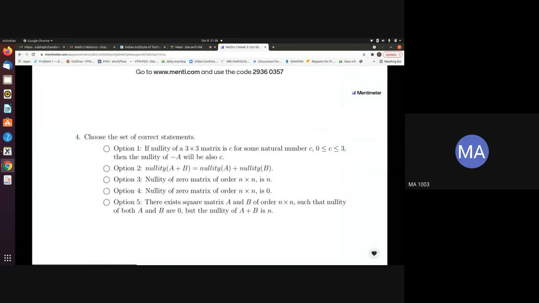Let's try this. This is something we need. We have discussed some portion of it in the earlier class.